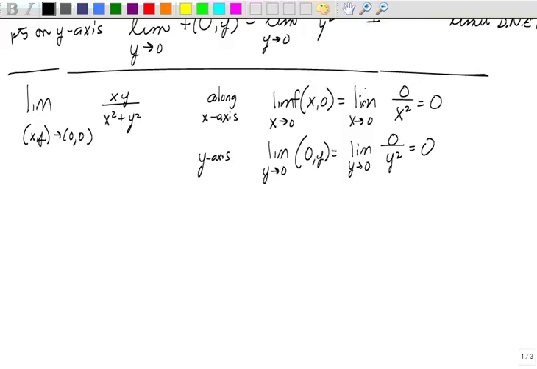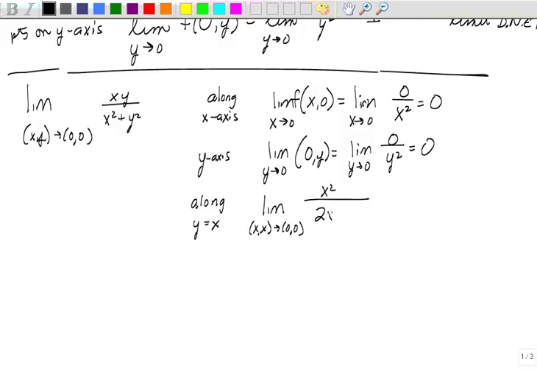But if you find two ways and they're not the same, then you can stop. You find a counterexample. But to prove what the limit actually is, you actually have to do the epsilon-delta proof. All right, let's go along the line y equals x. So where x equals y, we have x squared on top.